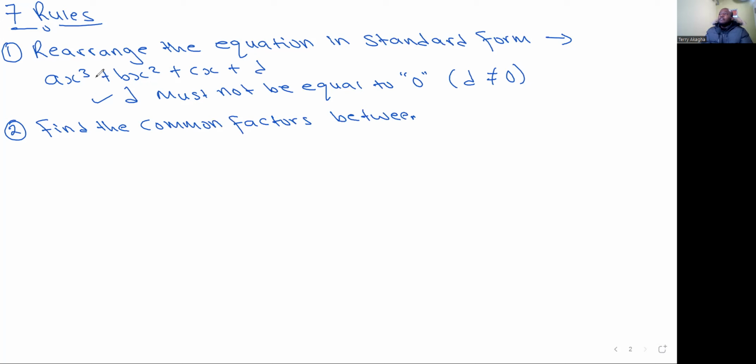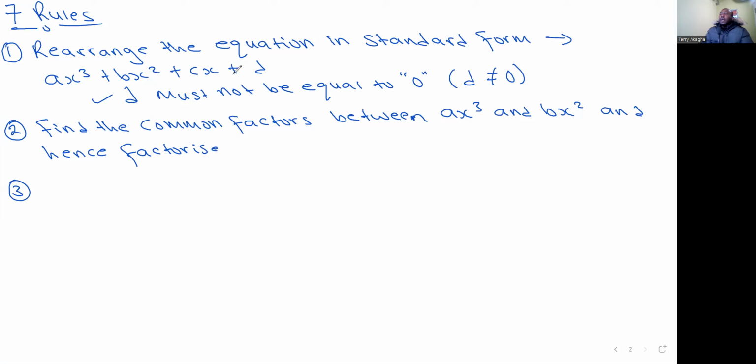So now you have to find the common factors between ax cubed and bx squared. And hence you factorize. When you find the common factor between ax cubed and bx squared, then you factorize.